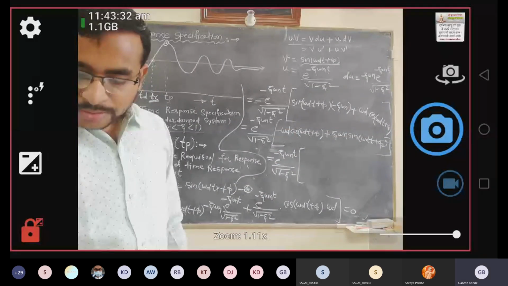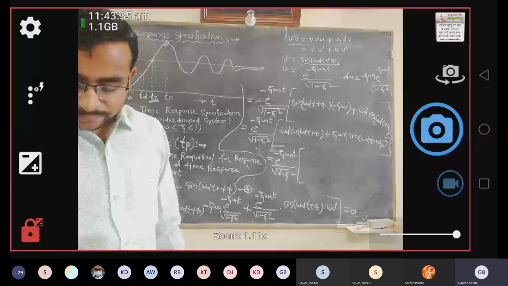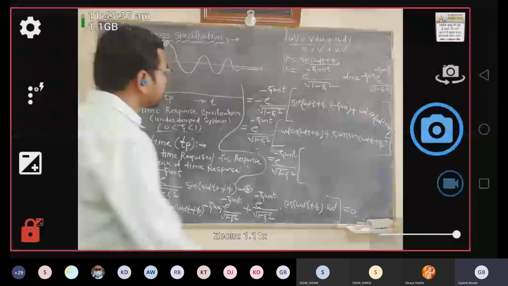Okay, how will you simplify this? You just apply the trigonometric term. Again, it consists of two terms.